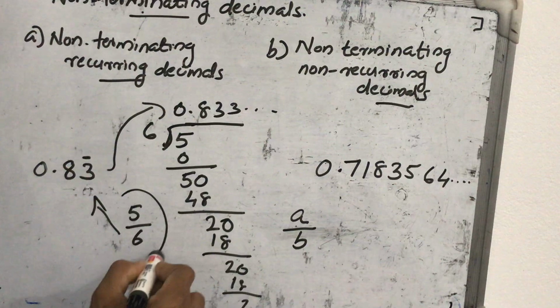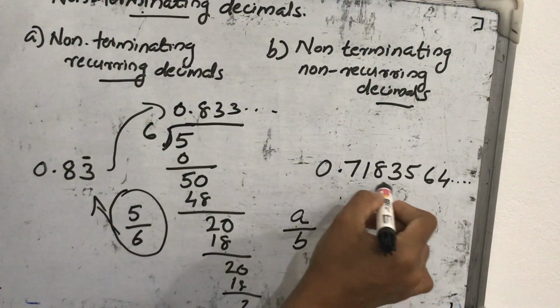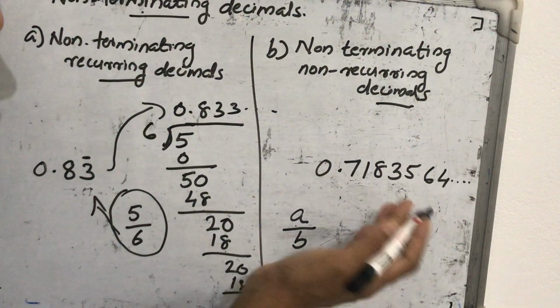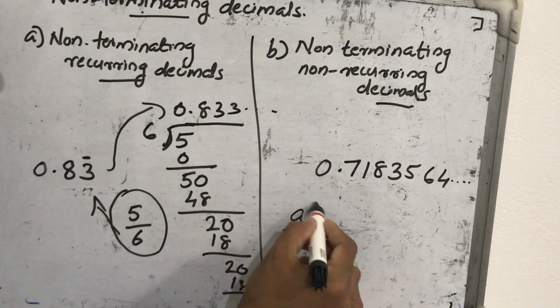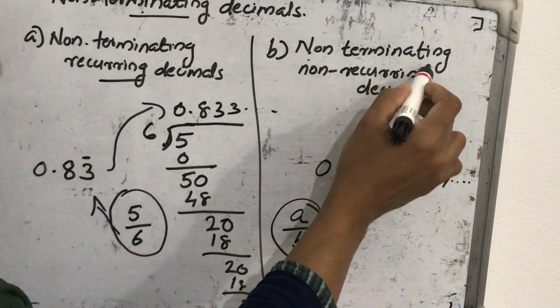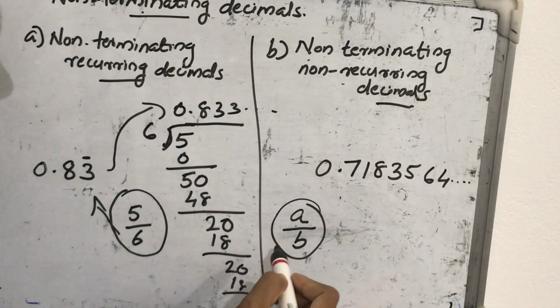So we can represent it as a rational number. But in this case, it is not possible to convert into a rational form, a by b form.